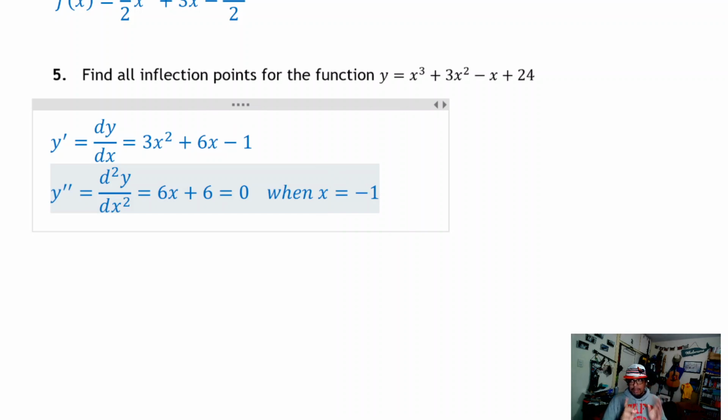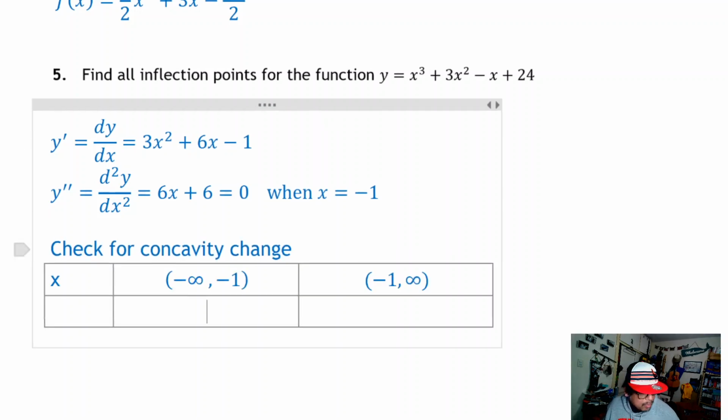But you might be tempted to, at this point, just answer with a -1. And remember that in order for something to be an inflection point, that second derivative really needs to change sign from positive to negative. So we need to do a quick check just to see that that second derivative in fact changes from either positive to negative or negative to positive when x is equal to -1.